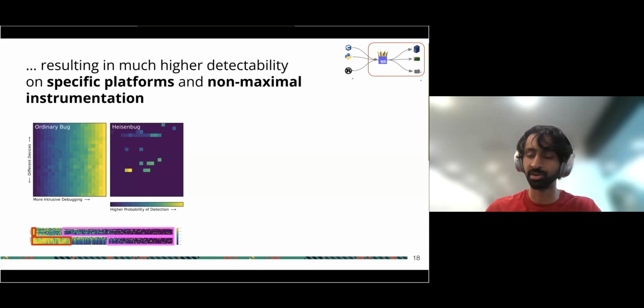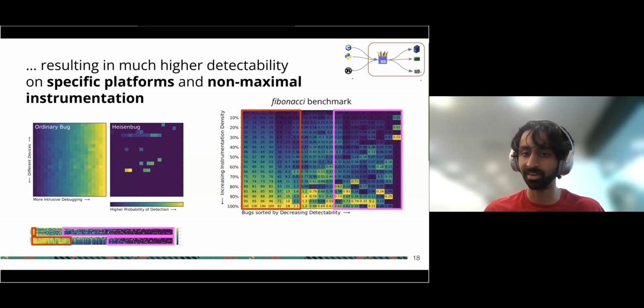That is, as you do more intrusive debugging, the ability of the debugger to detect that bug increases. But this isn't the case for a Heisenbug, where you have a very strong peak at a few specific deployments. And if you did the most intrusive debugging in the case we see here, you would never observe the bug, which we think is counterintuitive and very interesting.